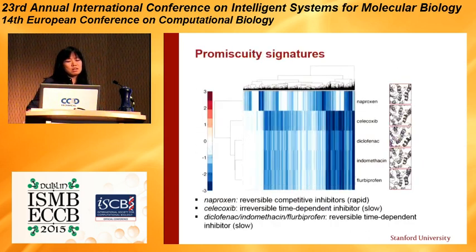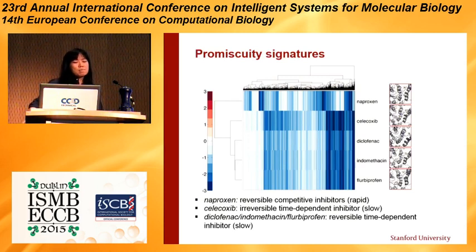So in this figure, I show you the promiscuity signature, or the off-target profiles, of each drug against the 2,000 human proteins. Here the 5 rows are five drugs, including naproxen, celecoxib, and so on. All these 5 drugs bind to COX-2 as their functional targets. Using the traditional structure-based method, it's very hard to detect the subtle difference between all the binding sites, as shown in the right panel.